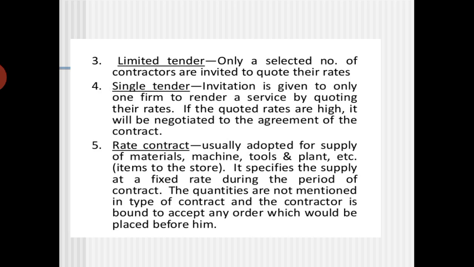Of course, for limited tenders, the number of members will be a maximum of 3. Then the single tender: the invitation is given to only one firm or one person to render the service by quoting their rates.